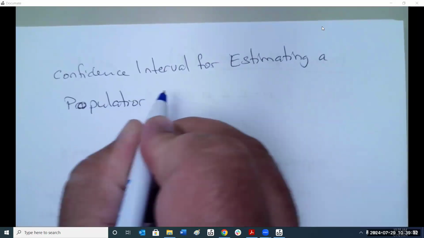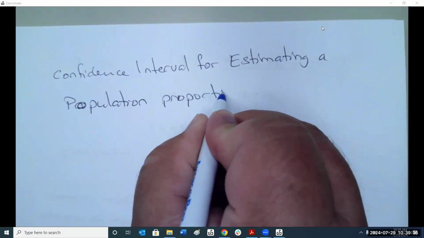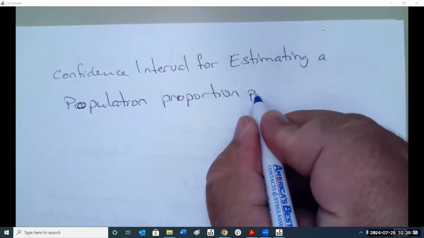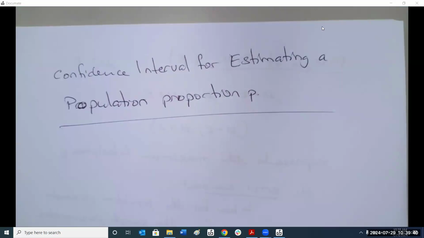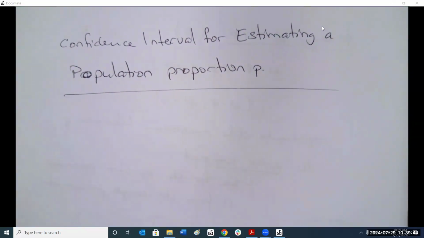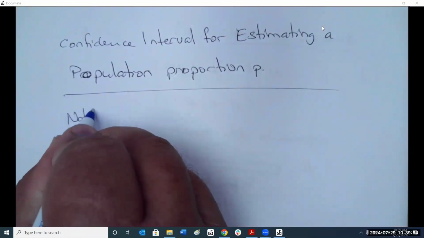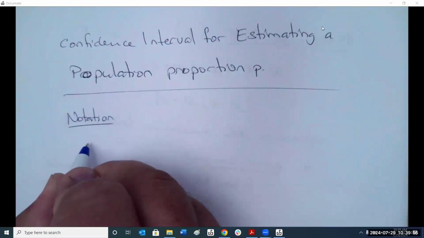Population proportion, P. Here's our notation that we're going to use.